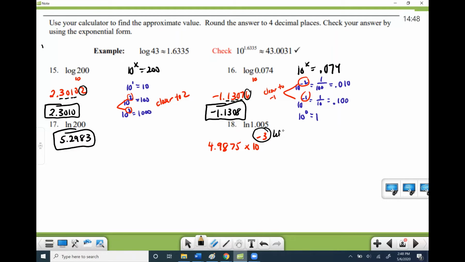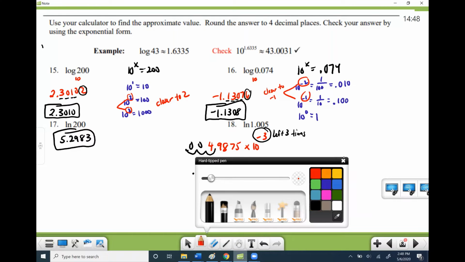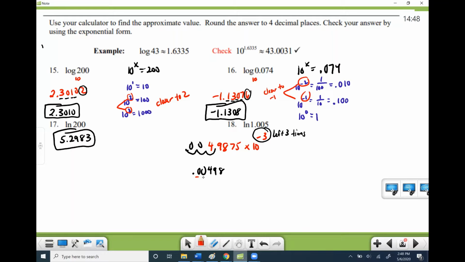So left 3 times, 1, 2, 3, it looks like we're going to get the decimal 0.00498. Now, if I do 4 decimal digits, 1, 2, 3, 4, the 8 is going to round this guy up to a 10, which is going to round this guy up to a 5. So here's going to be our final.